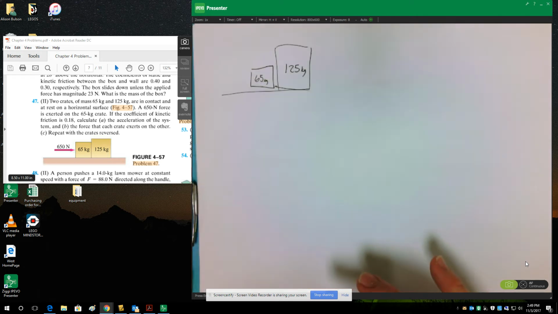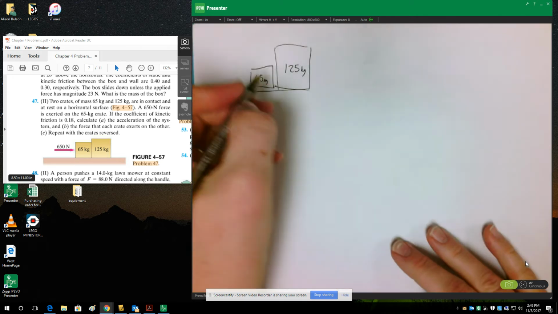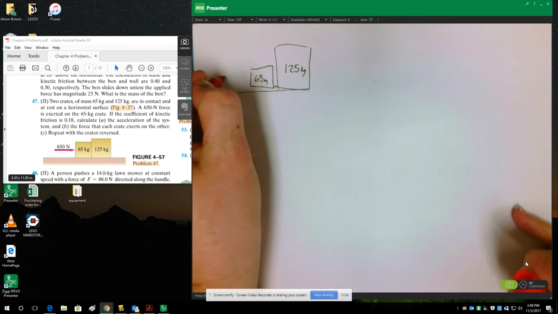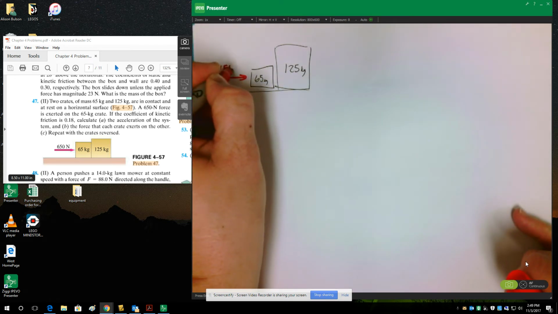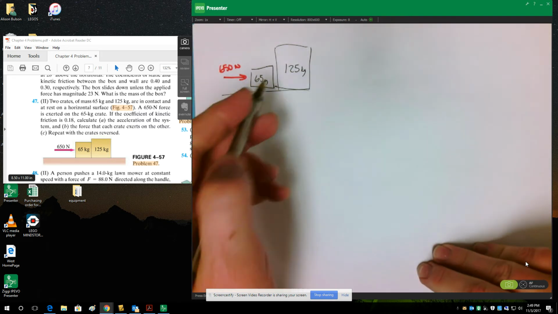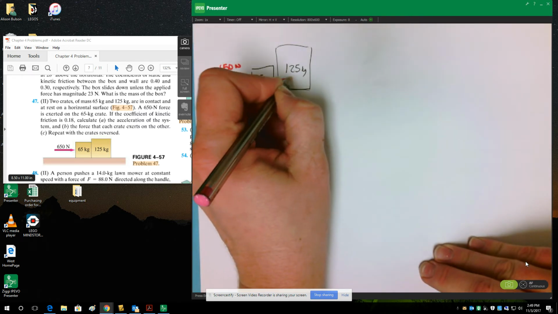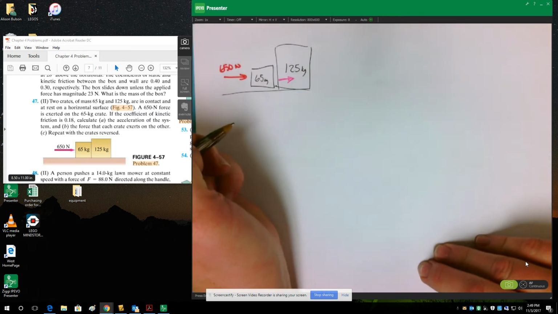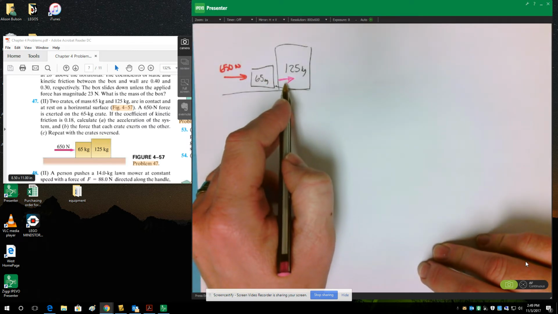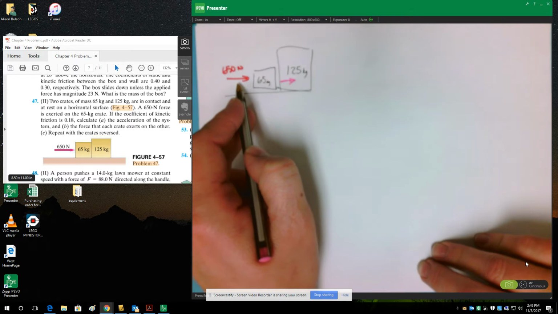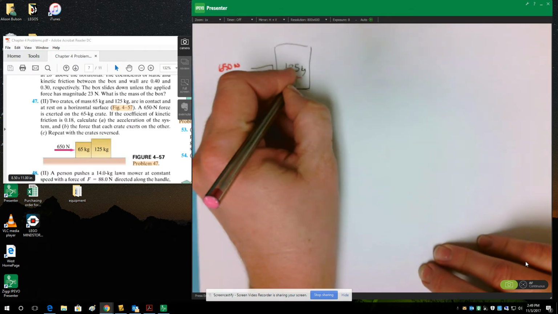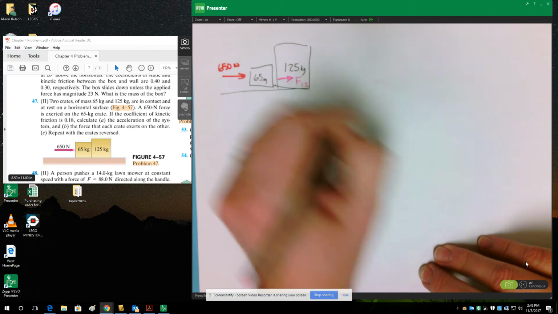exerted by these blocks on each other. The 65 kilogram block is being pushed with 650 newtons of force. Because of that push, the 65 kilogram block in turn is pushing on the 125 kilogram block. The 650 is not the force on the 125, but because of the 650 push, 65 is pushing on 125. So I could call it F1 on 2.